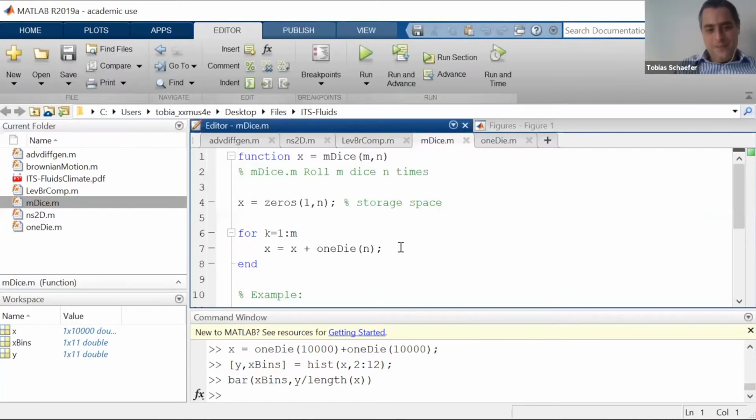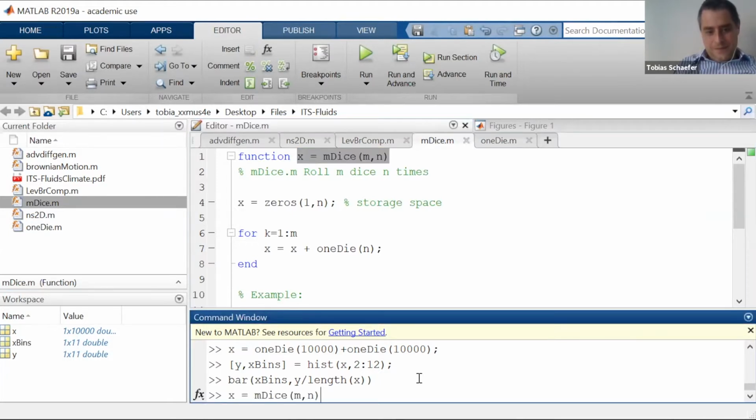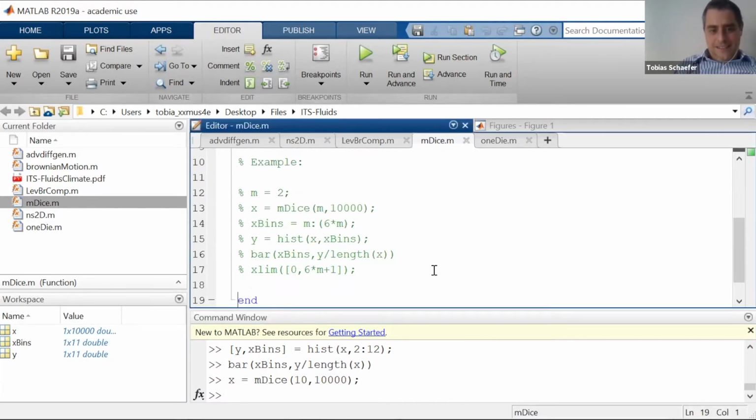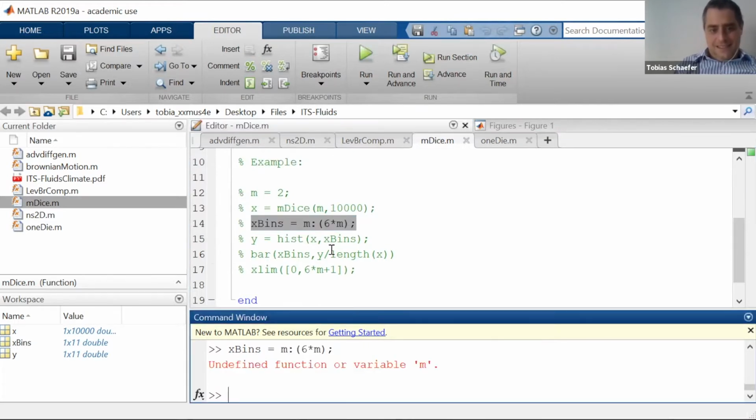So there's this program MDice that does exactly this. So for instance, let's take 10 dice and roll them 10,000 times.